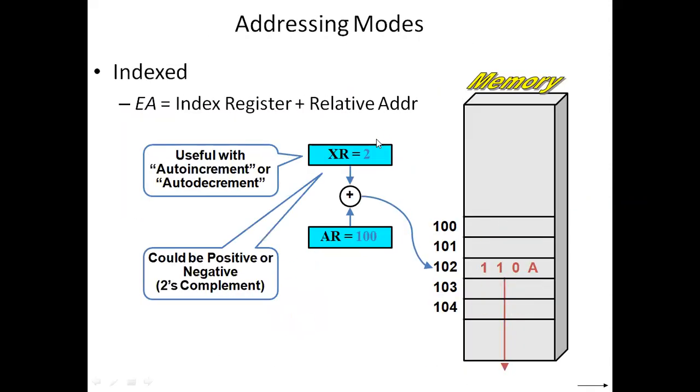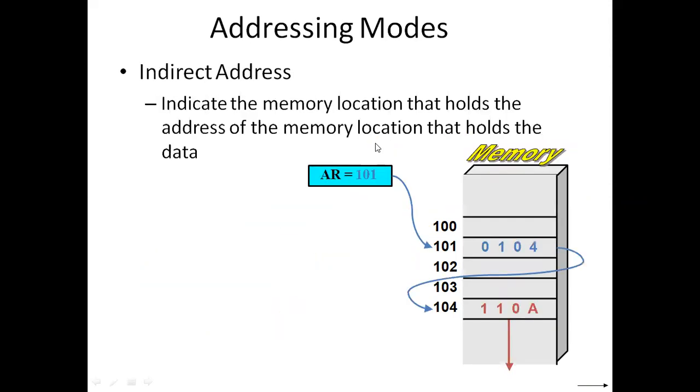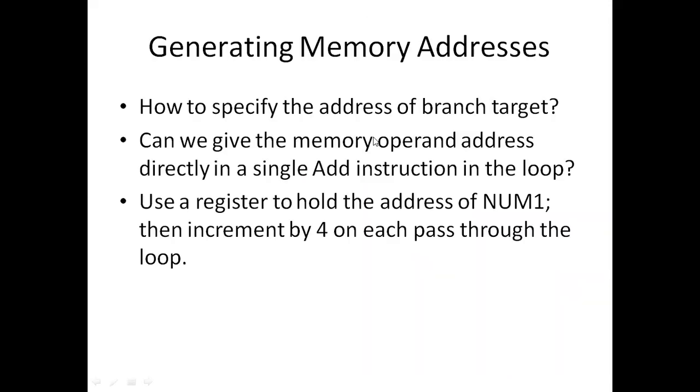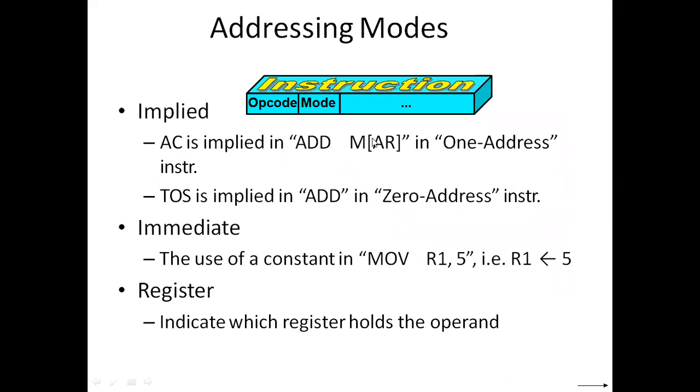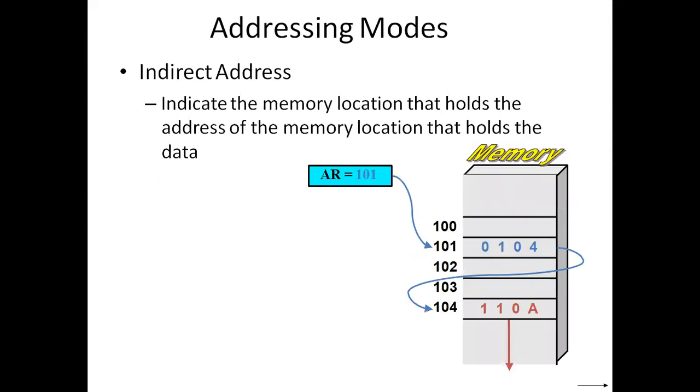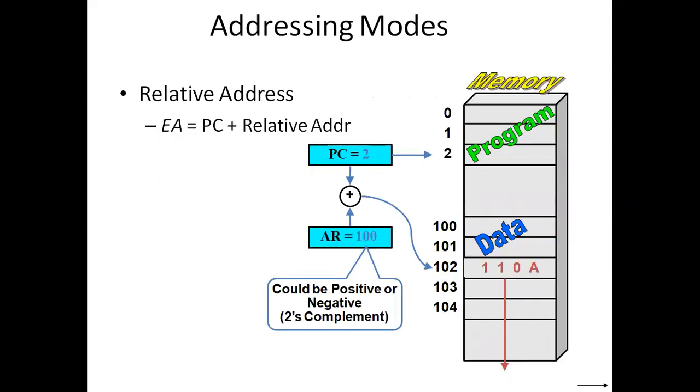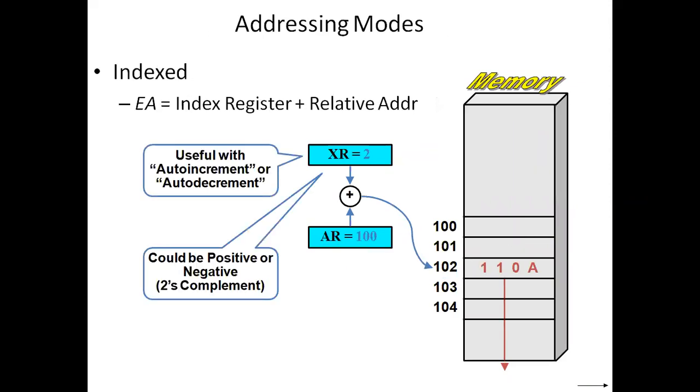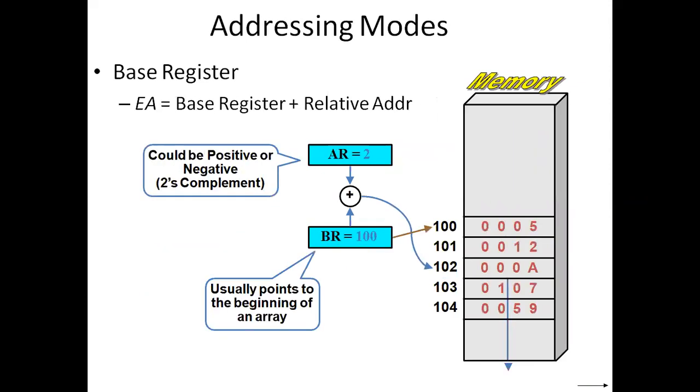So ultimately you have the different addressing modes: implied, immediate, register, register indirect, auto increment and auto decrement, direct address, indirect address, relative address, index address, base register.